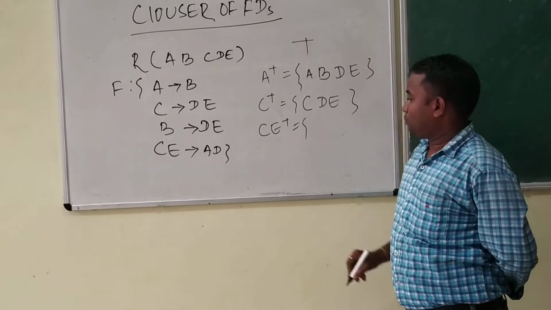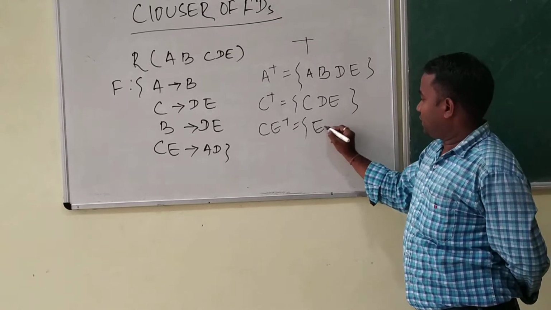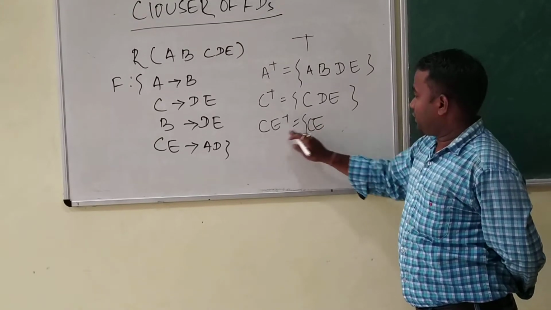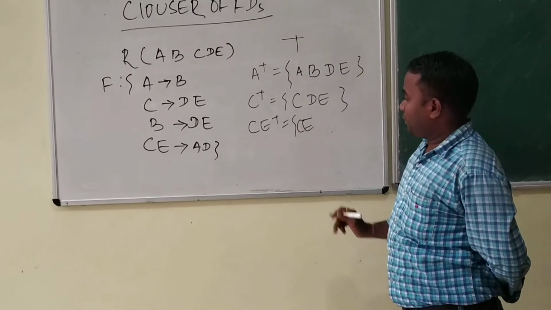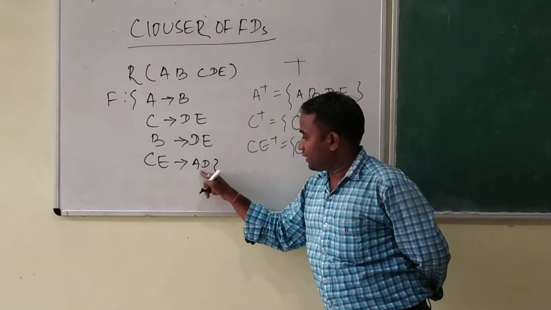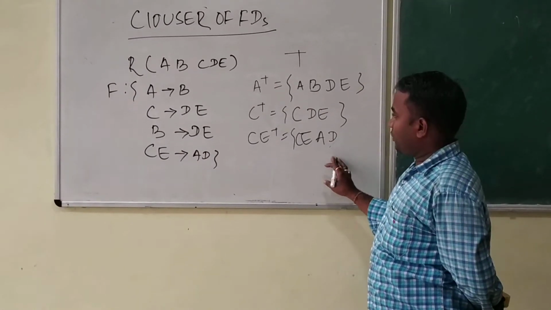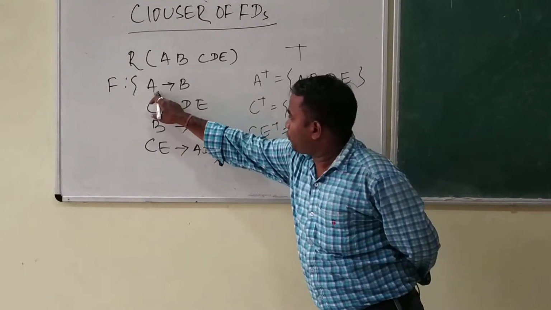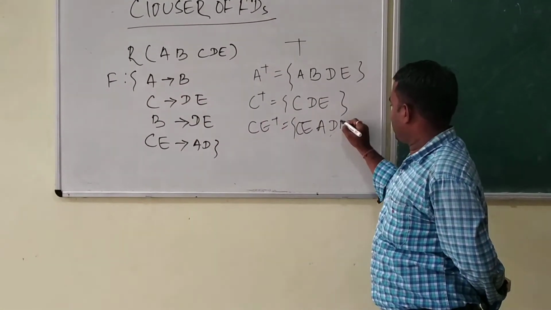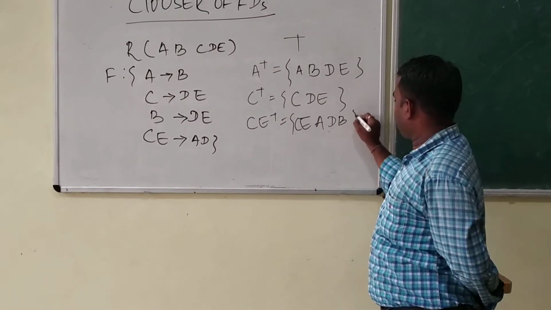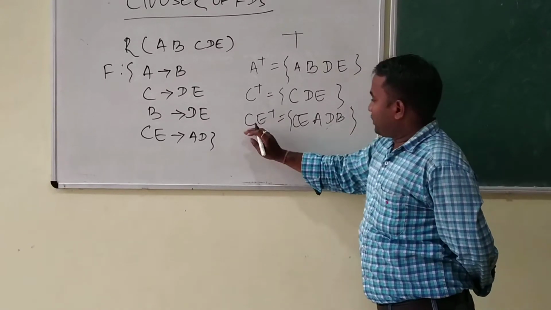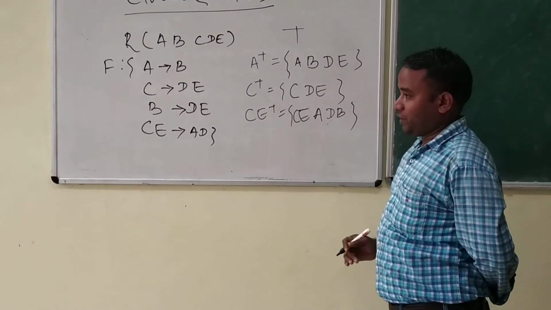Because of C, C will appear here. Then from C, I can get AD. Once I get A, because of A, I can get B also. So all 5 attributes are there. So the CE closure contains everything.